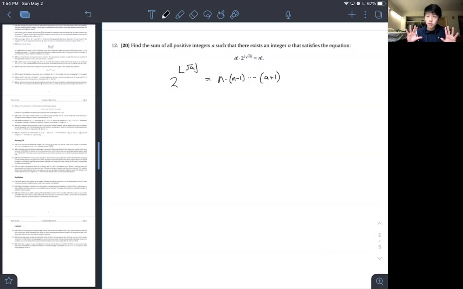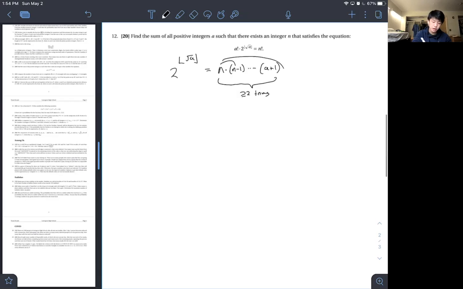And immediately this is a problem. Because if we have at least 2 terms over here, or even if we have n times n minus 1 on this side, one of n and n minus 1 is going to be odd and the other is going to be even, which means that this right hand side can't be a power of 2.